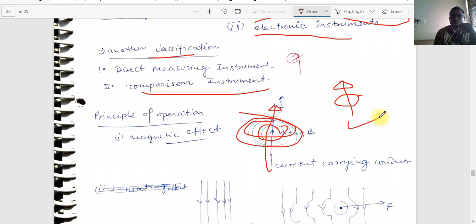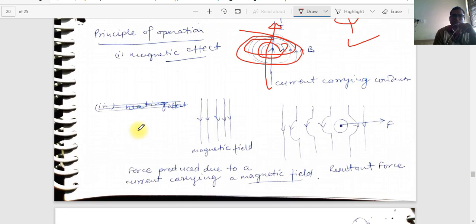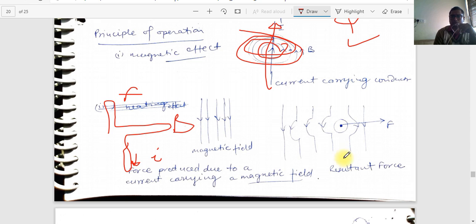This is the direction of the loop, and here, by the right hand principle, this is the applied force, this is the current, this is the B and this is the F. This is the current carrying conductor, the current is in the upward direction, phi is down, and the force is to the right side. Force is produced due to a current carrying conductor in a magnetic field, giving the resultant force.